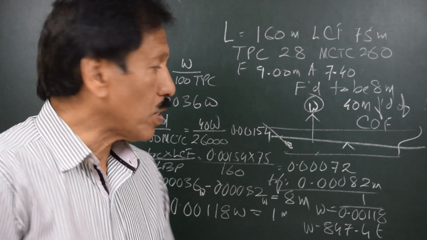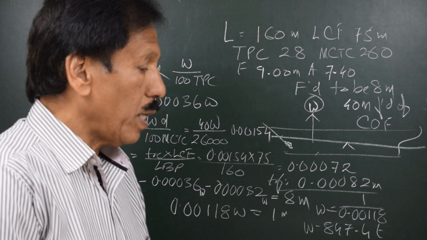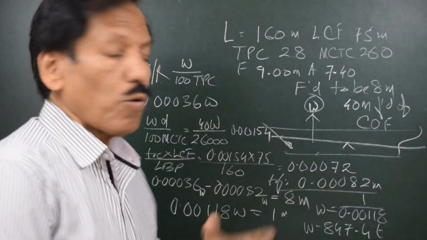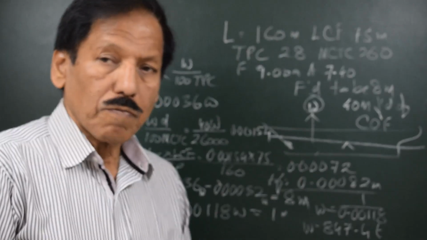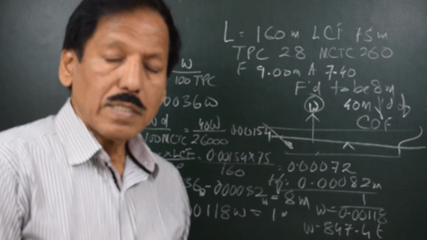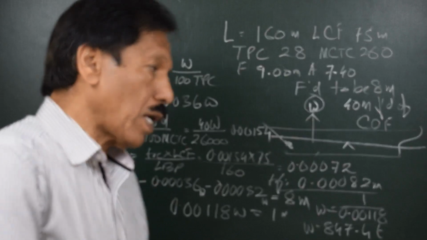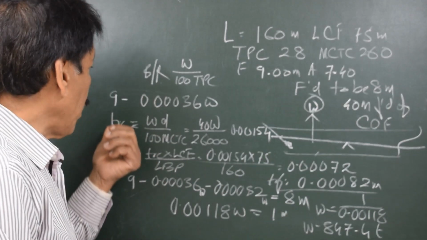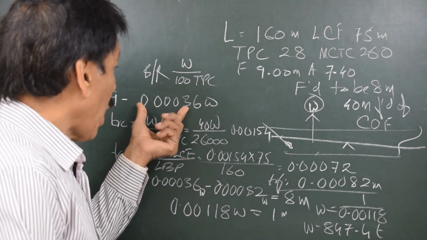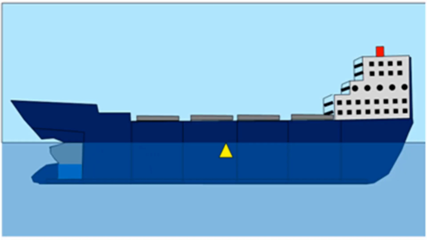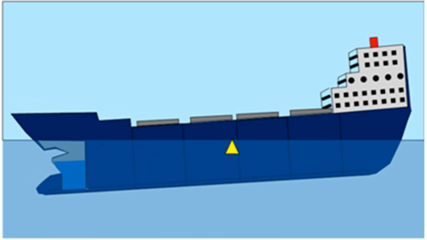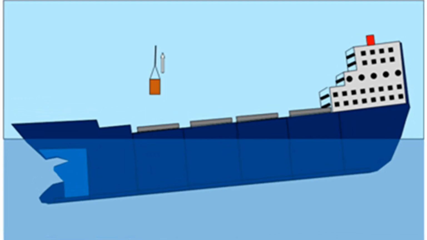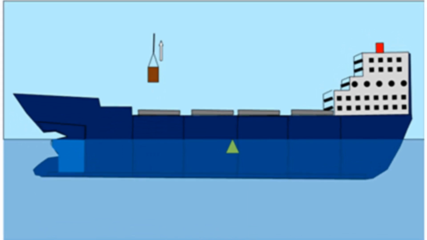So in these kinds of questions, we follow the basic principle that the draft at any point is going to change because of two independent reasons: bodily rise and change of draft because of change of trim. So we start with the draft 9 meters, apply bodily rise to it, and apply change of draft because of change of trim, that is TRF, and we should get the final draft that is desired, that is 8 meters.